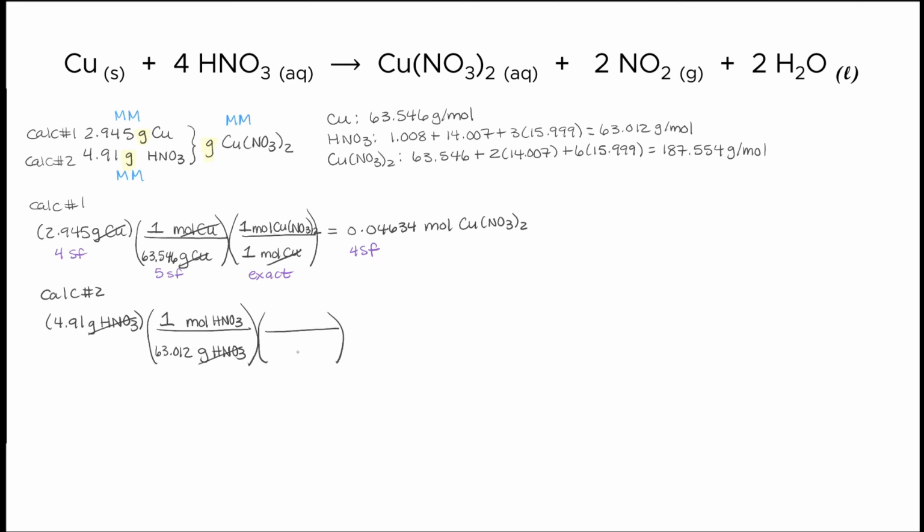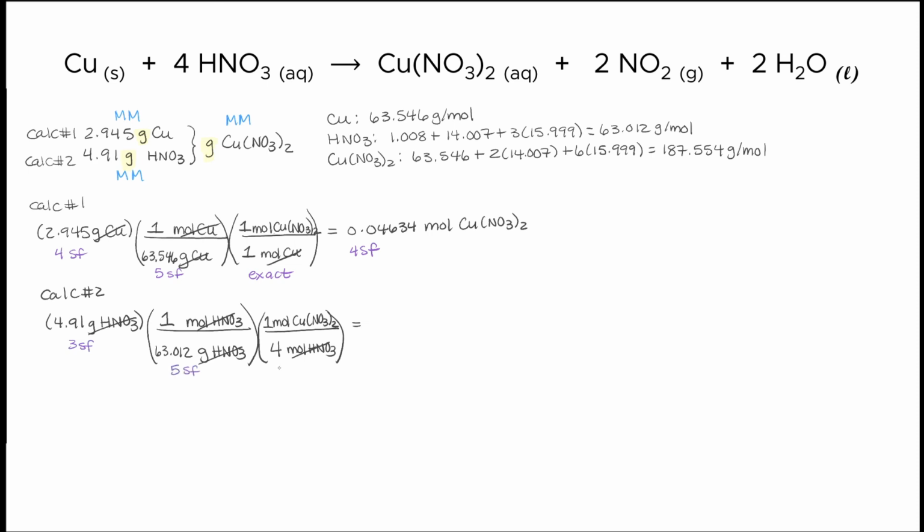So here, moles of nitric acid will go in the denominator. Moles of copper 2 nitrate will go in the numerator. Getting the values from the balanced equation, we have 1 for copper 2 nitrate and 4 for nitric acid. We'll cancel the units and then check our sig figs. We have 3 sig figs in the original value, 5 sig figs in the molar mass.